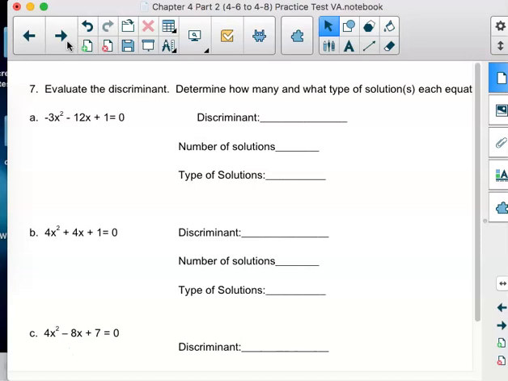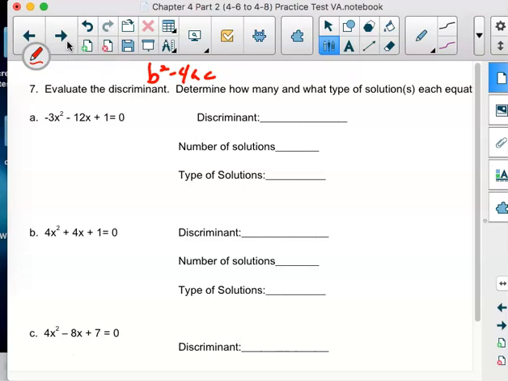We just saw it. If we know the song, it's the part that goes under the square root piece. B squared minus 4ac. That's the discriminant. So evaluate the discriminant and then determine how many and what type of solutions each of these has.